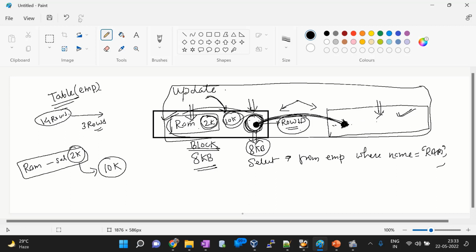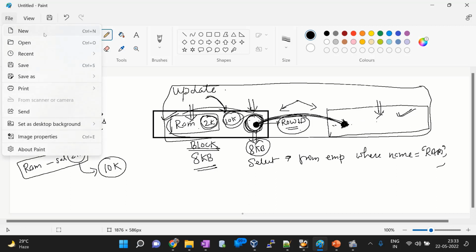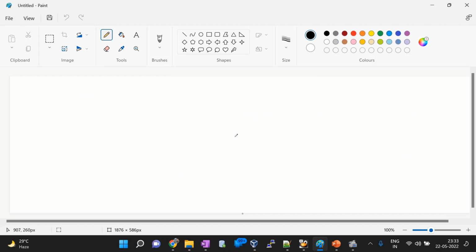Similarly, if we are talking about row chaining, in row chaining, what happens if a row is too large to fit in a single block?